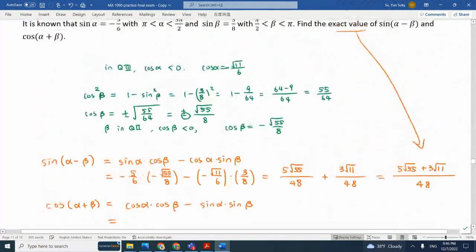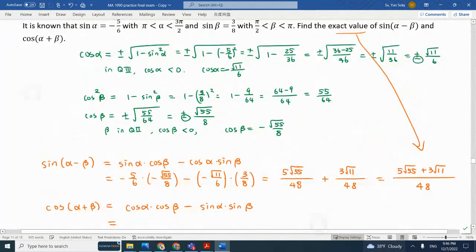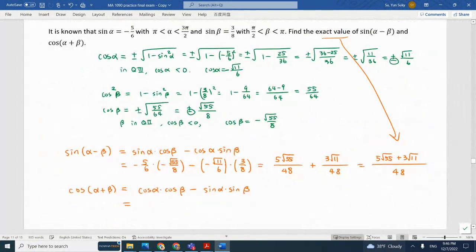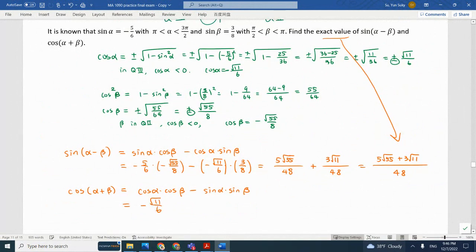Cosine alpha is negative square root of 11/6. Cosine beta is negative square root of 55/8. Minus sine alpha, negative 5/6, times sine beta, 3/8.